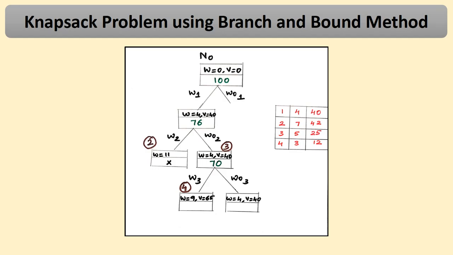Since we are not considering W2, because it got rejected, it's not feasible, we have to add only with the previous. So W3 is added with W1, that means the third item is added with item number 1. Item number 1 weight is 4, item number 3 weight is 5, so 5 plus 4 is 9. So in node number 4 I have mentioned W equal to 9 and V equal to 65, that means the value of item number 1 is 40 and the value of item number 3 is 25. So 40 plus 25 is 65. Now using this value we have to find the upper bound for this.